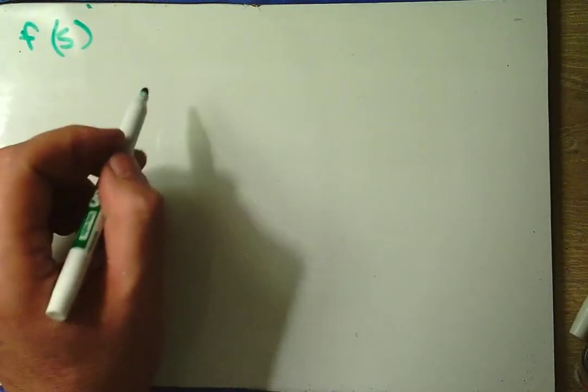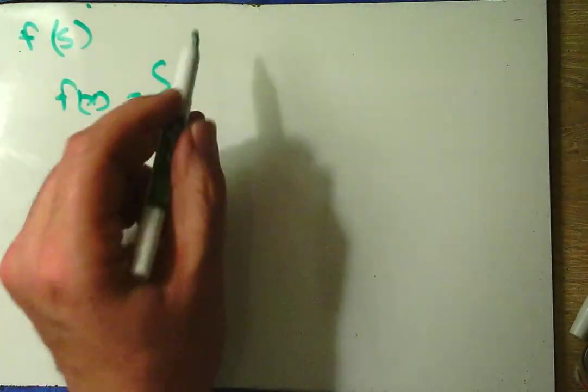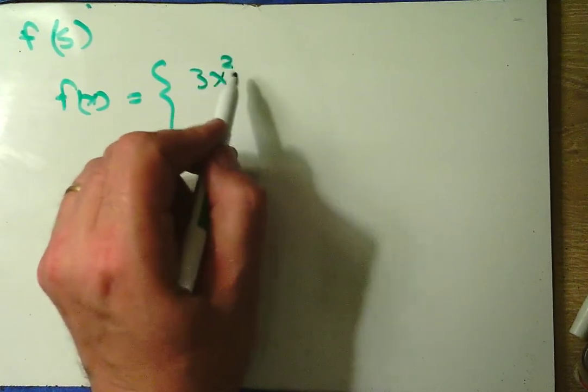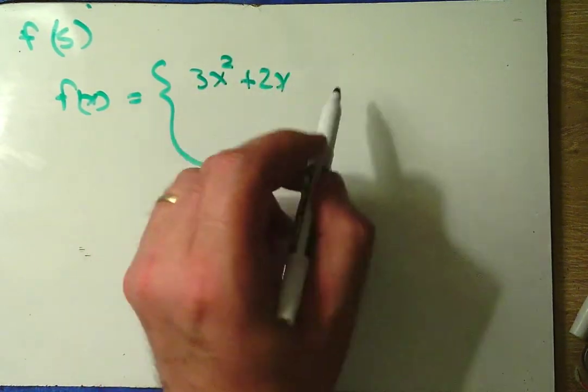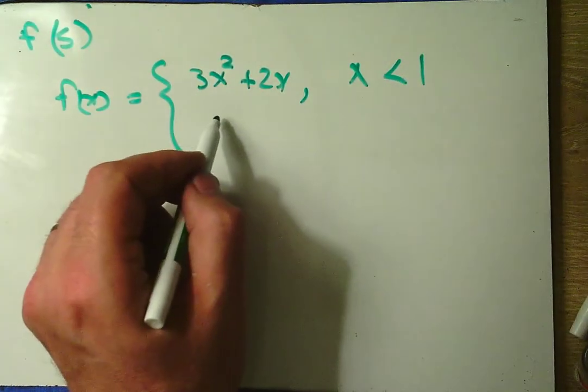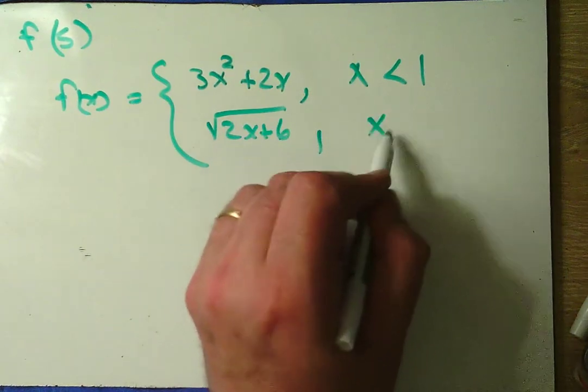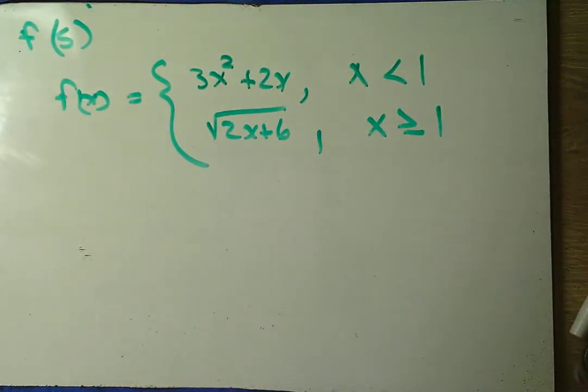We've got to evaluate f of 5. And again, we have a piecewise function. f of x equals 3x squared plus 2x for x values that are less than 1, and the square root of 2x plus 6 for x values greater than or equal to 1.